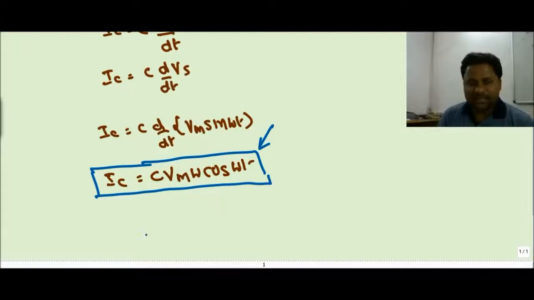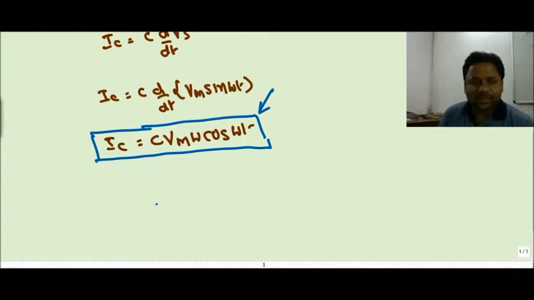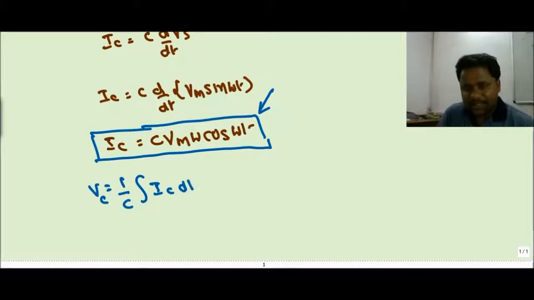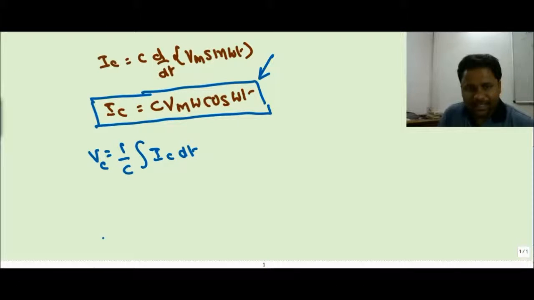If we are just trying to derive the relation of the voltage across the capacitor, then we can say that Vc equals to 1 by C integration IC dt. If I integrate this by putting the value of the current, it should be C Vm omega cos omega t.